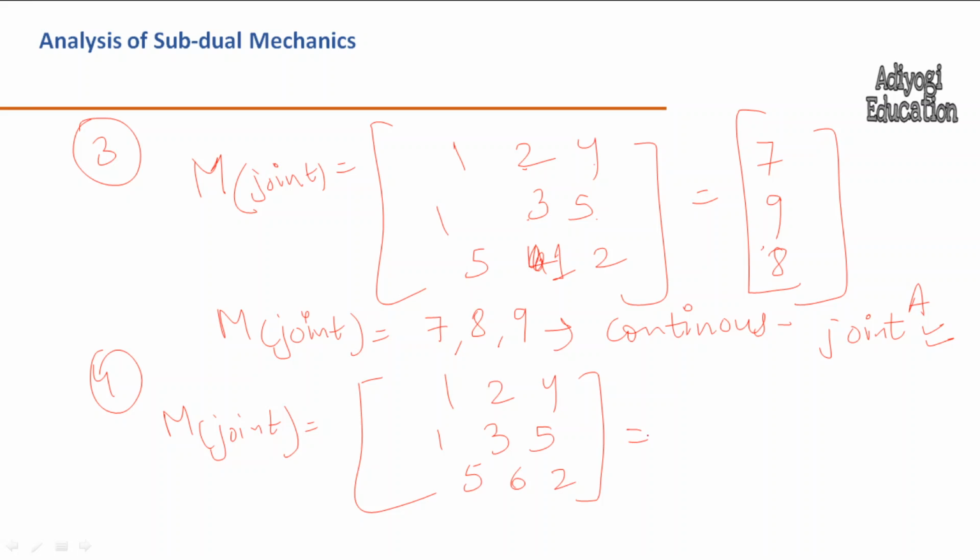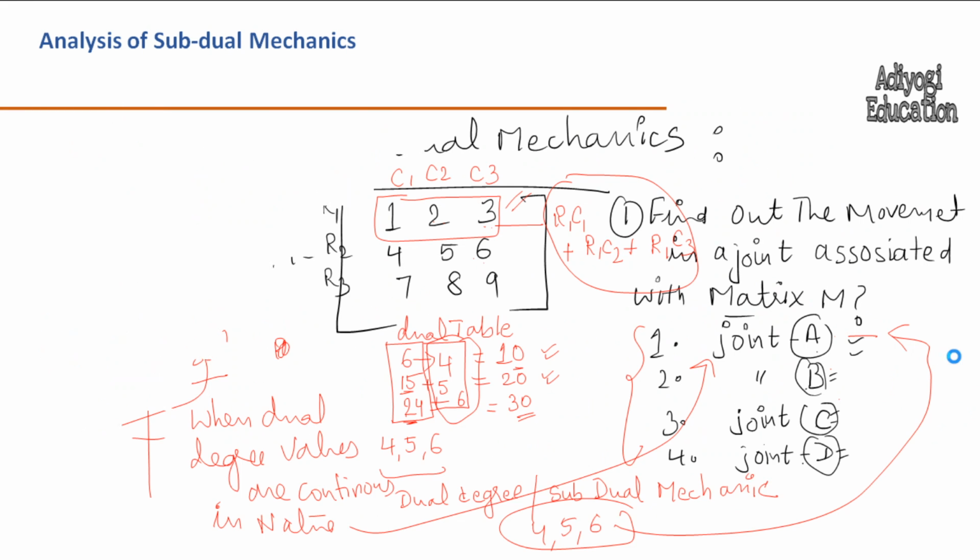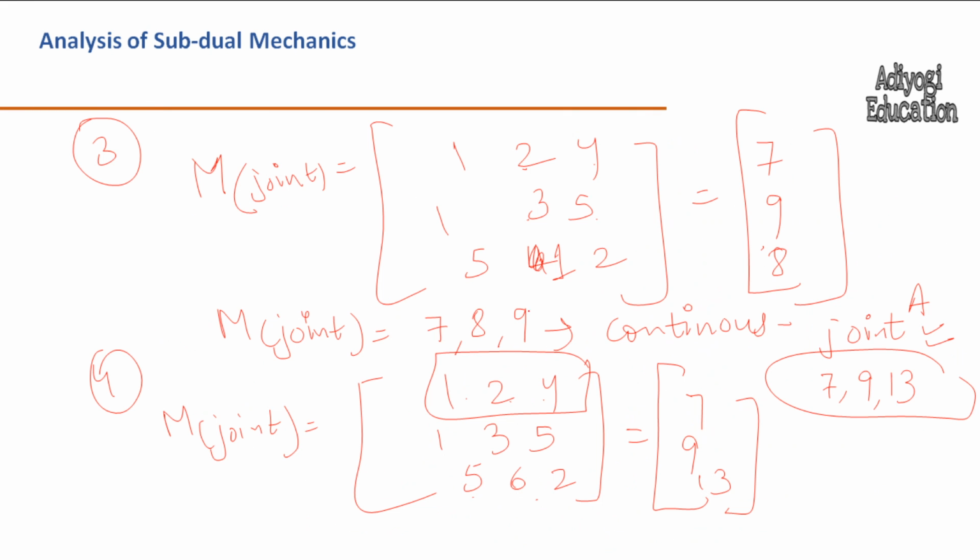So what is the answer? Just add this: 4 plus 2 is 6 and 1 is 7, 9, 5 and 6 is 11, 11 and 2 is 13. Now you can see 7, 9, 13. So this comes under joint C.